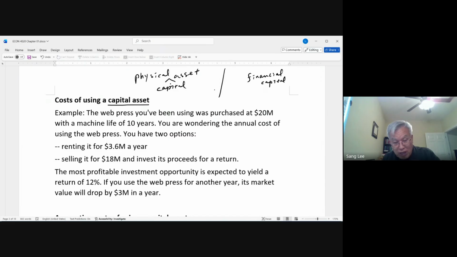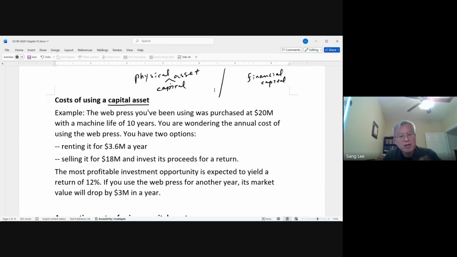If you continue to fly them, then you always have to evaluate: letting those airplanes fly for another year, is that the best option we have? Is this the best option we can exercise? If we stop flying them, what can we do with those airplanes? So an airplane is an example of a capital asset here.